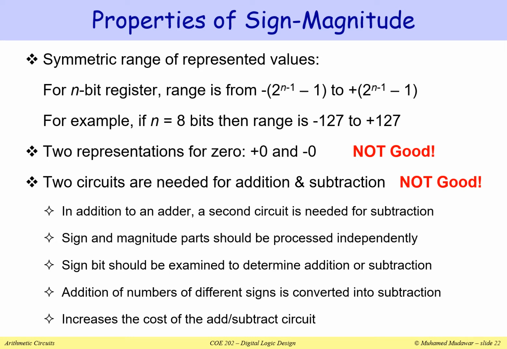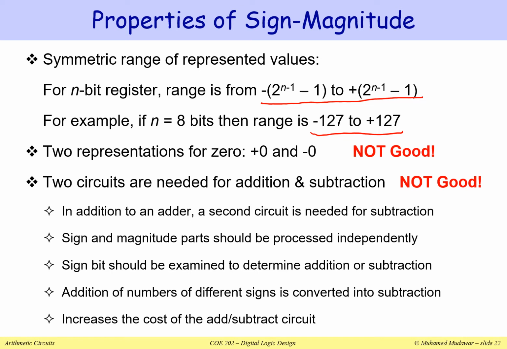If you use an n-bit register to store a sign magnitude number, then you can go from negative 2 to the power n minus 1, minus 1, to positive 2 to the power n minus 1, minus 1. Notice that 2 to the power n minus 1, minus 1 is the largest magnitude. So for example, if we restrict n to 8 bits, then the range will be from negative 127 to plus 127.